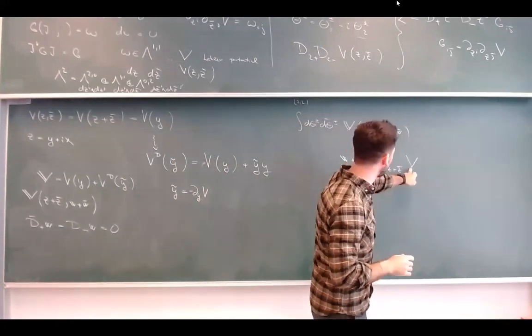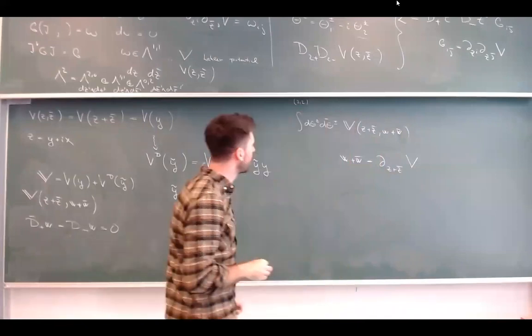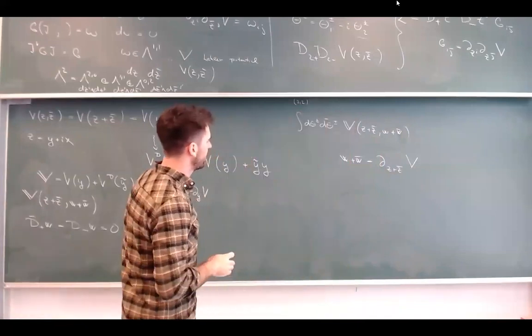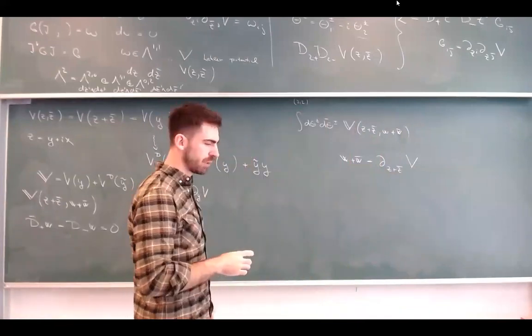So that's the non-doubled part of the potential. So it's again H, in the whole model, right?